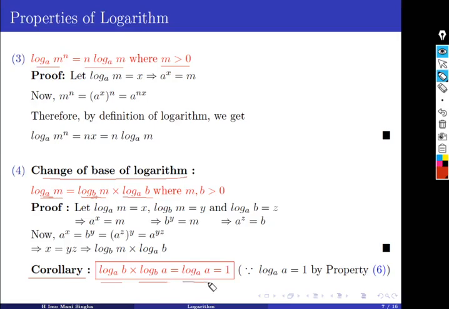That means here you see this b is cancelled and only log of a base a is left, which is equal to 1. How? This is since log of a base a equal to 1 by property number 6. So property number 6 we'll see in the next page. Just keep this in mind. This is a very important formula.